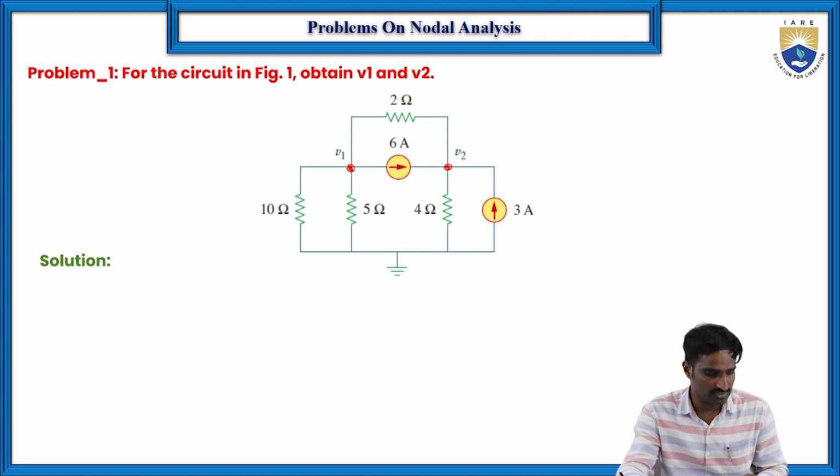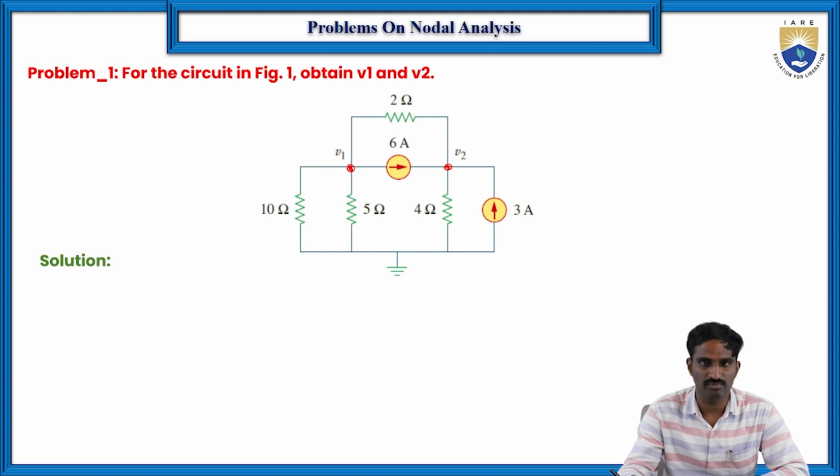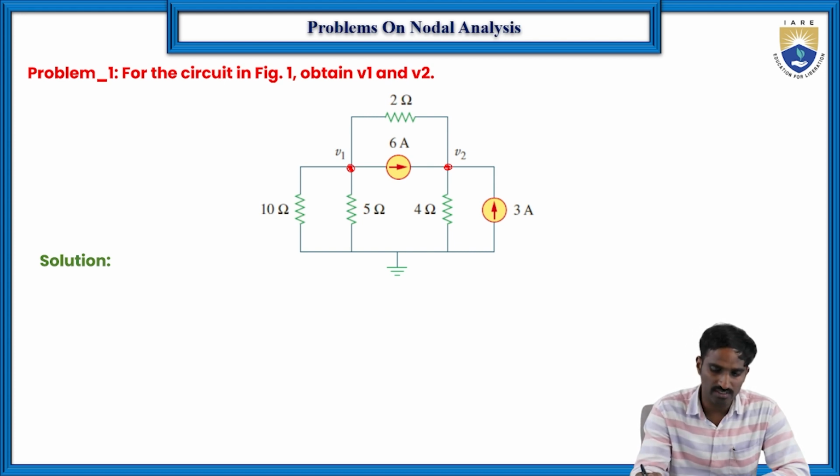At V1, first we are going to write the equations. Because as we know, I is equal to V by R, and here we are considering the voltage at this particular node to be V1, so we are going to write terms like V1 by 10 and V1 by 5 in the nodal equation. First, let us consider the current flowing through this particular branch.